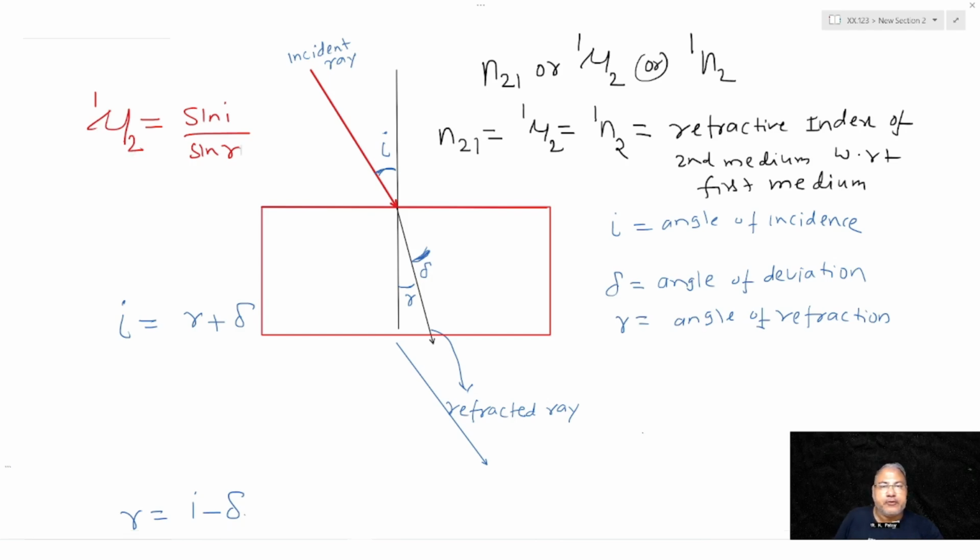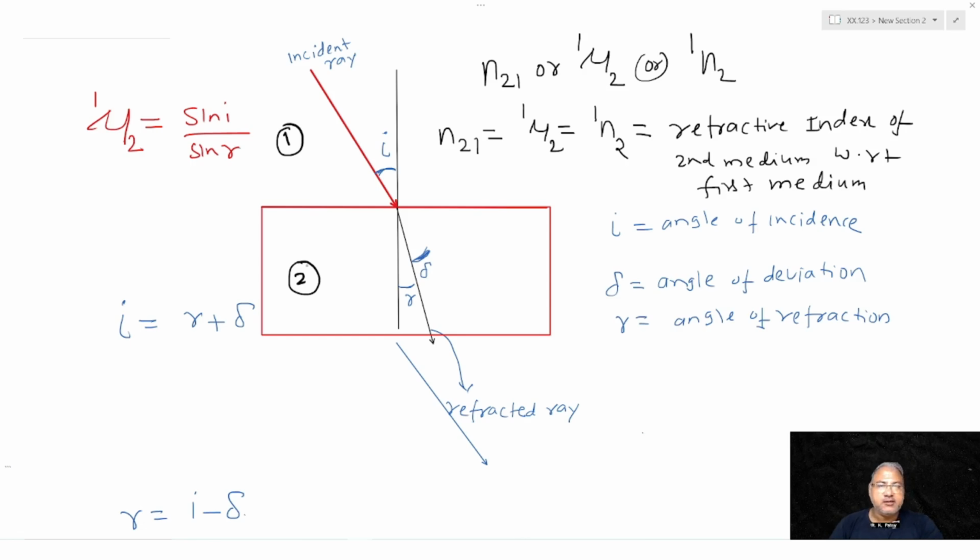Now, one more thing. When the light is traveling from the first medium, let us call it medium 1, to medium 2, what is changing? You see that the speed of light is changing, and the wavelength of light is changing.